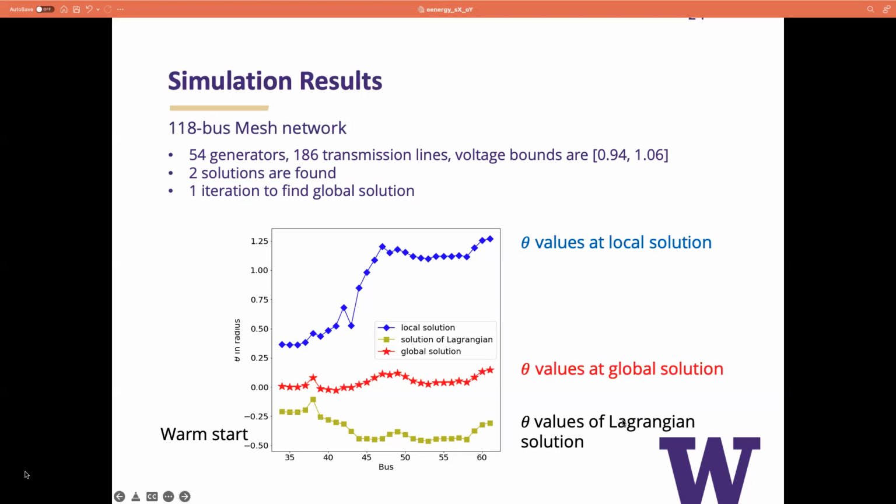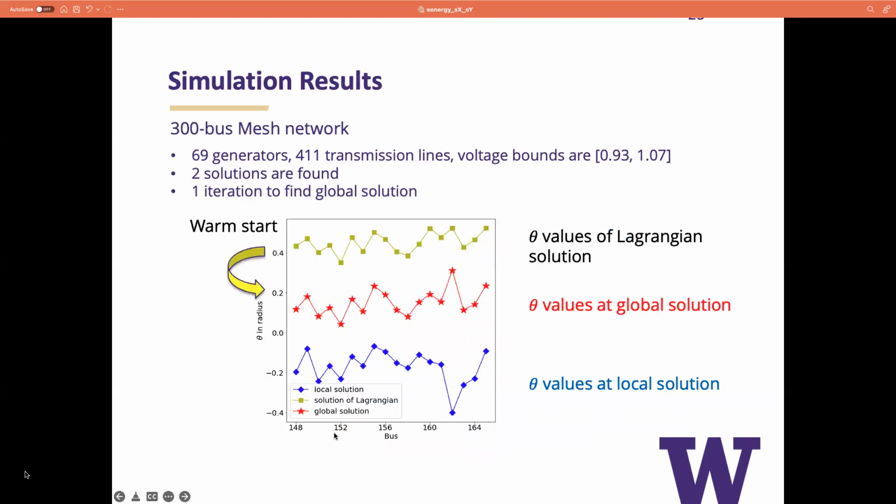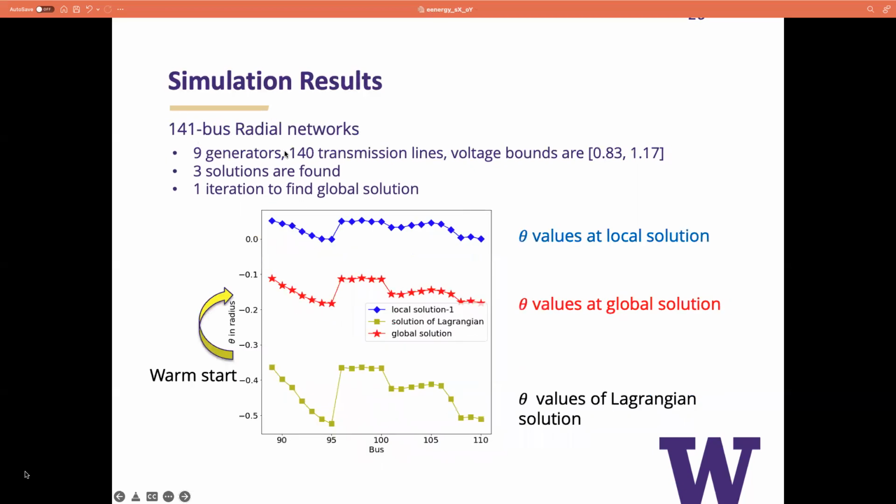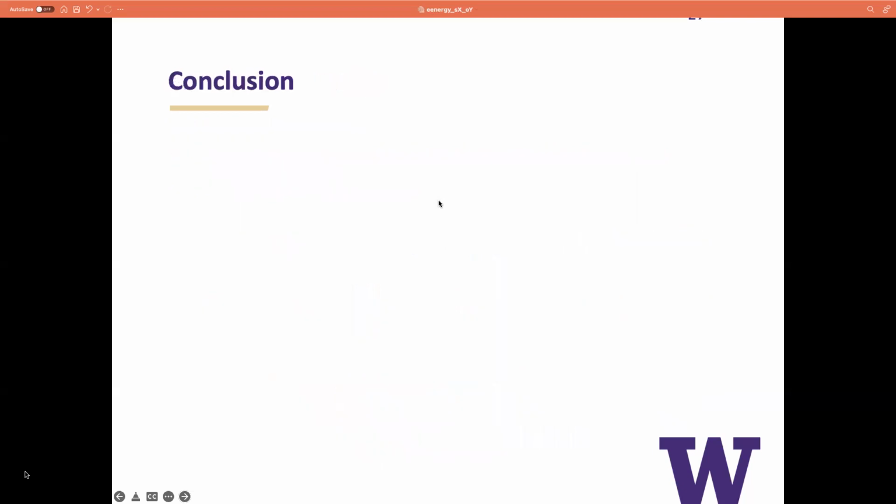If we use the solution of the partial Lagrangian as a warm start, we'll find the global solution instead of getting stuck at local solutions, because the local solutions are very far from our initial point. We have similar results in the 300-bus mesh network and the 141-bus radial network.